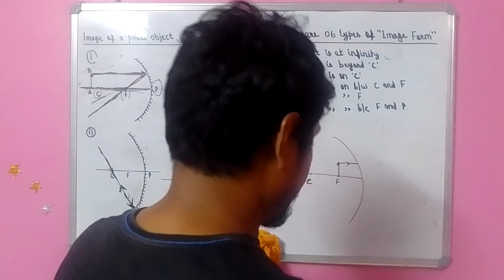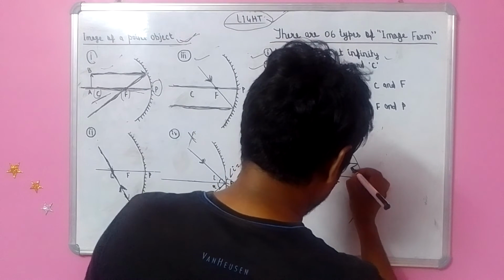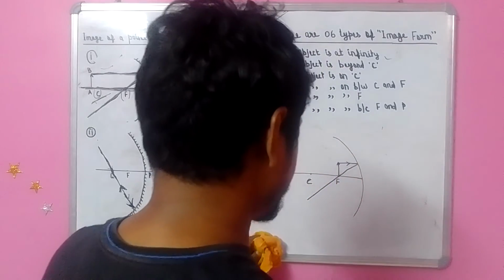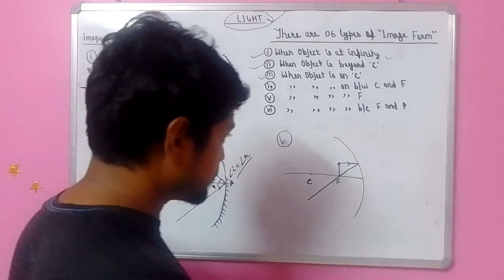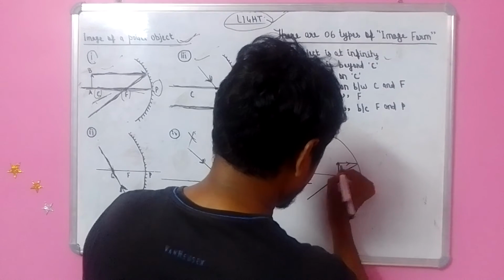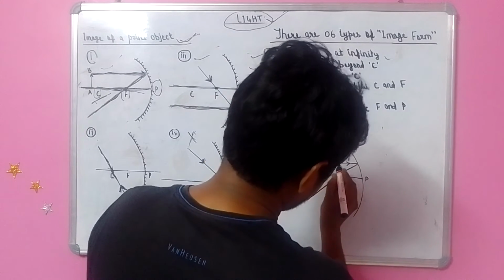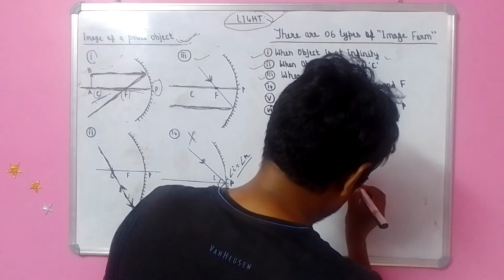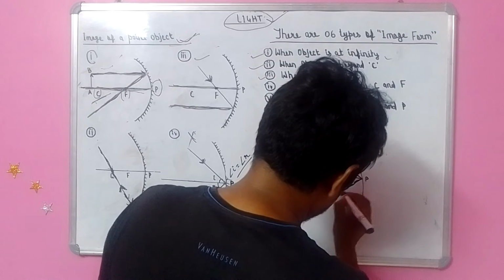The ray travels parallel to the principal axis, and after reflection it passes through the focus. The second incident ray is on the pole, and after reflection it goes with the same angle of reflection.